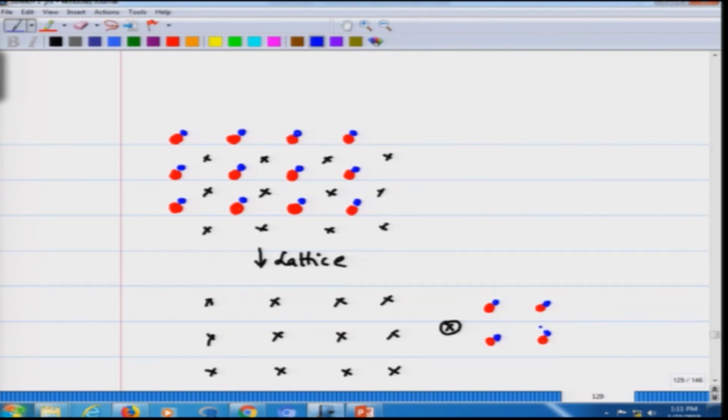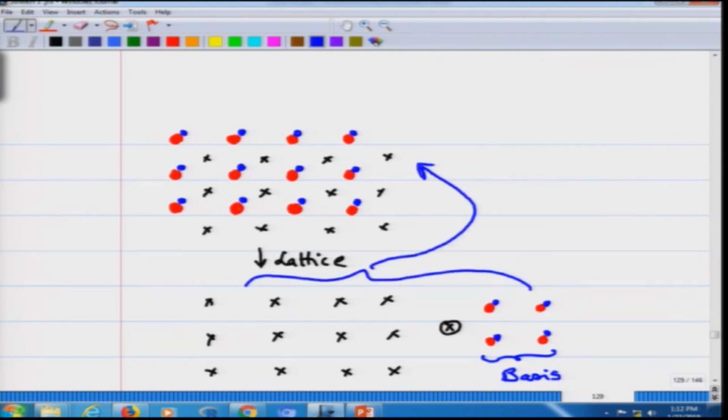I can put this configuration of atoms such that the center of this configuration sits at these lattice points, and then I will land up with this combination of the lattice plus what is called the basis, the atom configuration which you put on each lattice point. So, the lattice plus basis, these two together give you your crystalline solid.